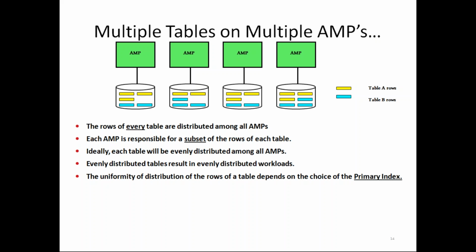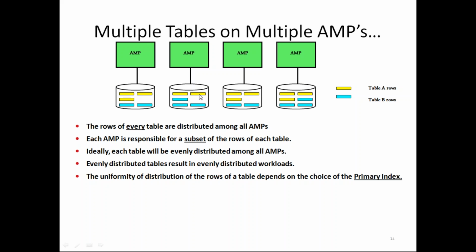Okay, so how these tables should be distributed so that amps can work parallelly and can get the request processed parallelly. Okay, so let's suppose we have seen two tables here. So all yellow color rows are of table A, all blue color rows are of table B. Okay, so how they are distributed across all the virtual disks or all the virtual amps.